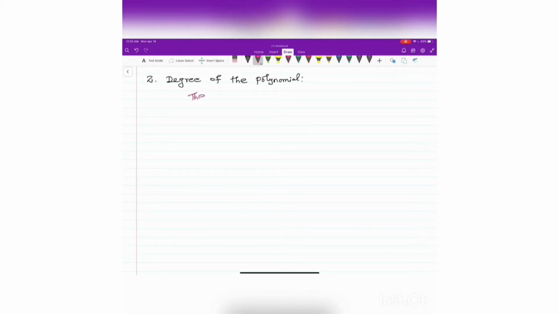The highest power of x in a given polynomial f of x is known as its degree.